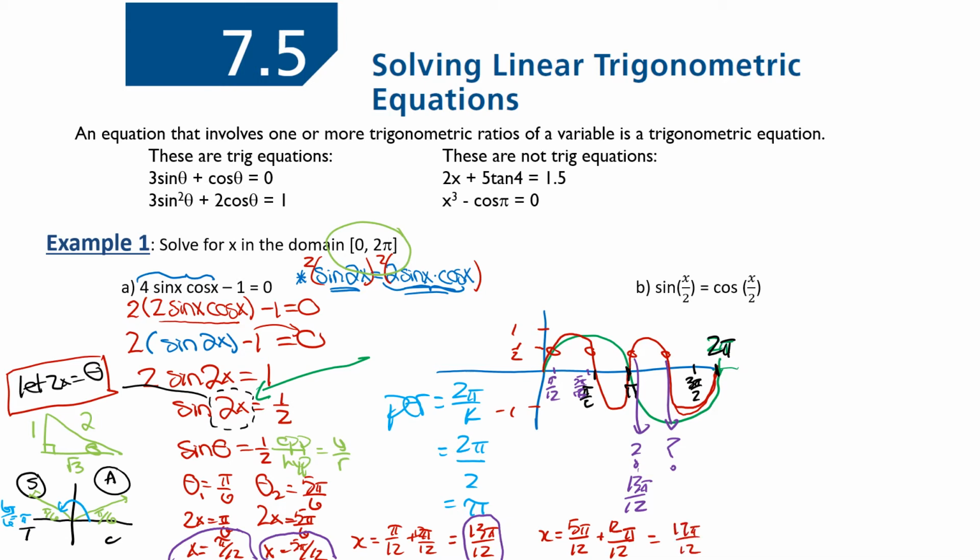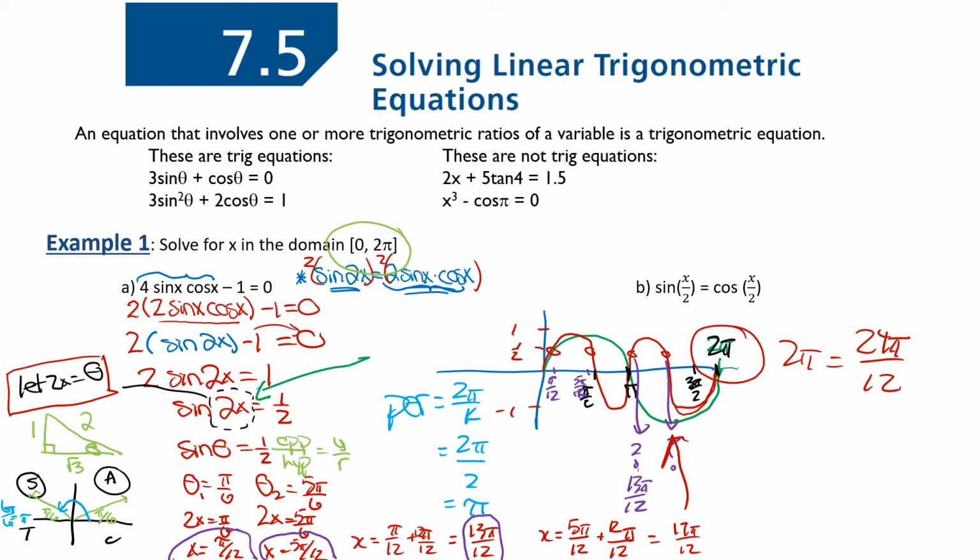And that's this one right here. These are all less than 2 pi. 2 pi, if I use a denominator of 12, is actually 24 pi over 12. So I know I haven't gone over that with my 17. 17 pi over 12 looks like a big number, but it's within my domain.